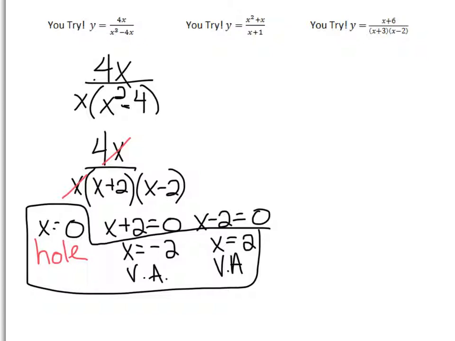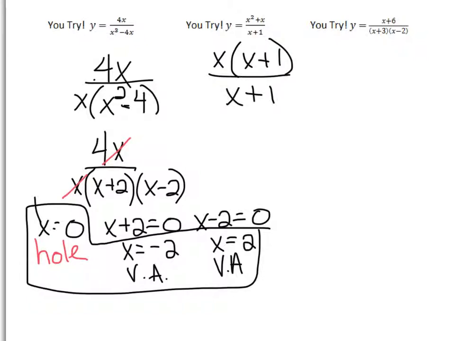Going over to the second U-try, x squared plus x over x plus 1. The numerator can be factored by pulling out what's in common. They both have an x. So when I take an x away from each, I get x plus, now if I take an x from x, that's going to leave me with a 1, over x plus 1.